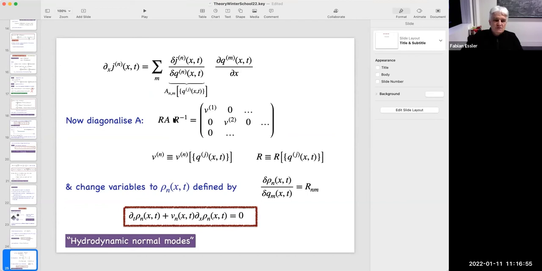You do a similarity transformation to make it diagonal, and then you change variables from these expectation values of the densities of the conserved charges to new variables, which are defined through this similarity transformation that diagonalizes this matrix A. And this gives rise to hydrodynamic equations of this kind, which tell you how in these coordinates, if you wish, the densities of conserved quantities are being transported in your system.